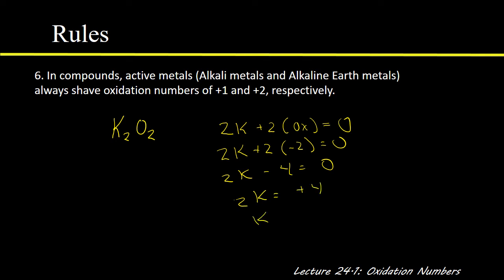When you do the math on that, you get potassium equals +2. Okay, but that can't ever happen. Potassium is never going to be +2, right? So if that happens, you know that you've made a mistake. This is one of the nice things about this.